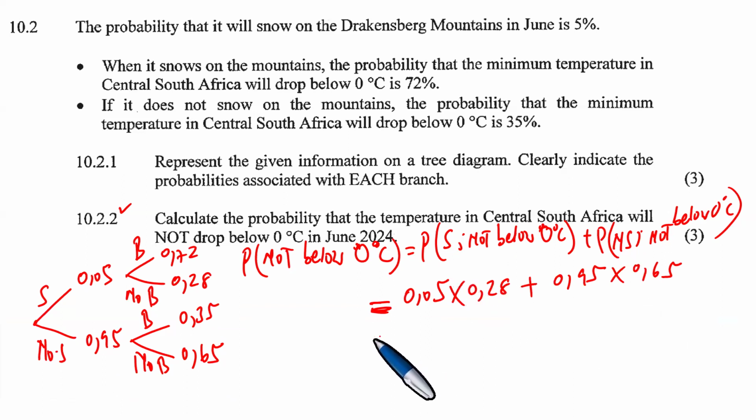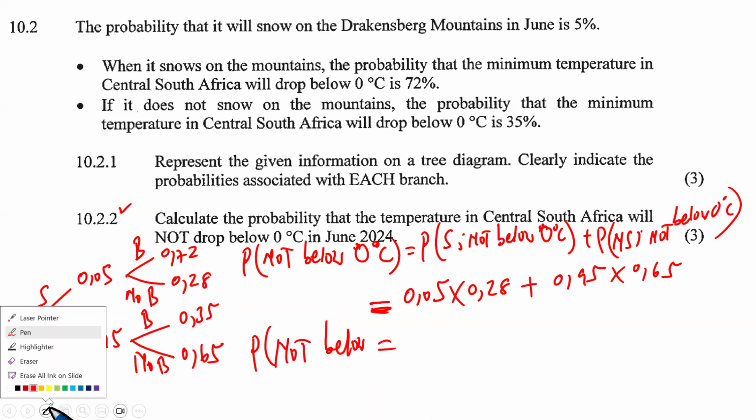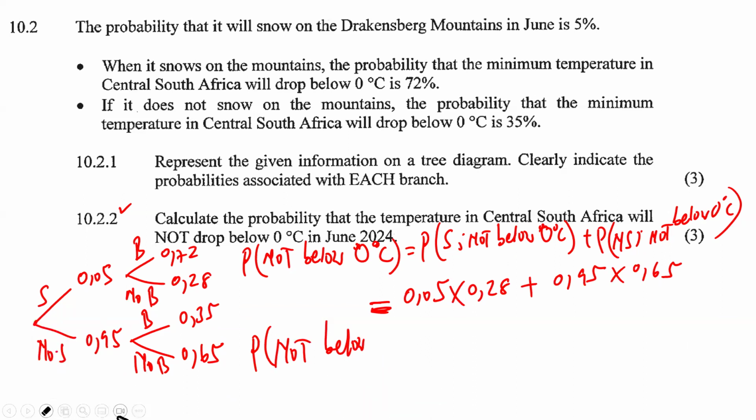And if you use a calculator, you get that the probability of not below 0 is 0.6315.